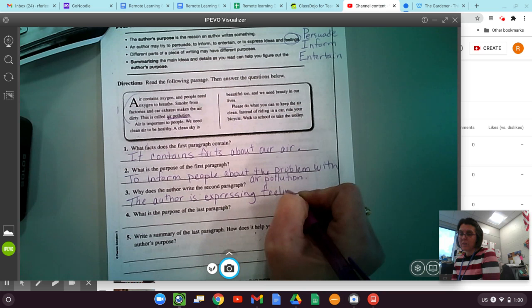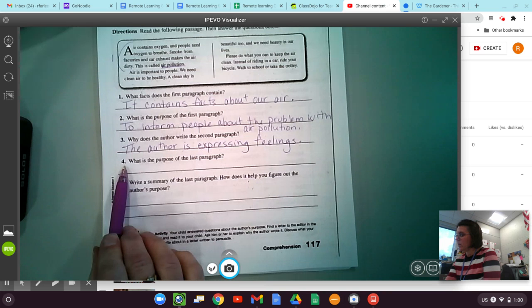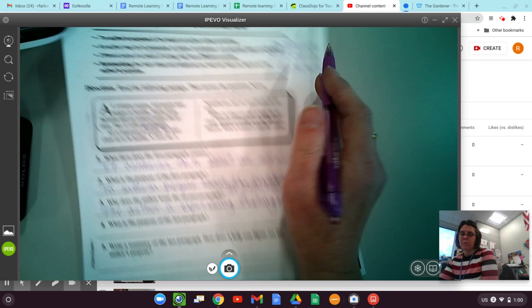What is the purpose of the last paragraph? Please do what you can to help keep the air clean. Instead of riding in a car, ride your bicycle, walk to school, or take the trolley. So that last paragraph, would you say persuade, inform, or entertain? I would say he's trying to persuade you. What is he trying to persuade you to do?